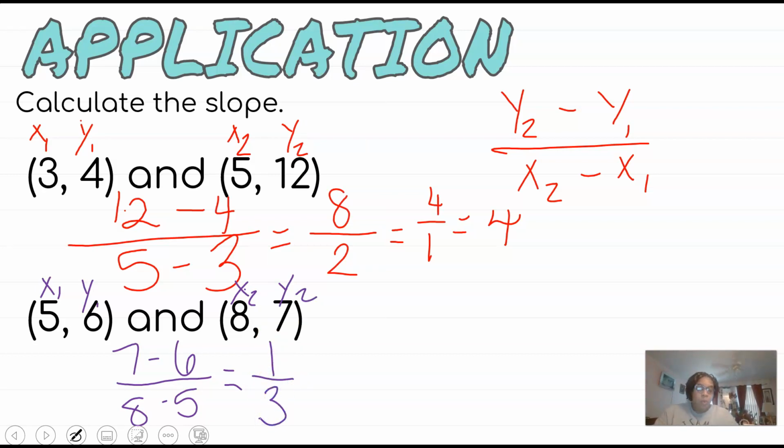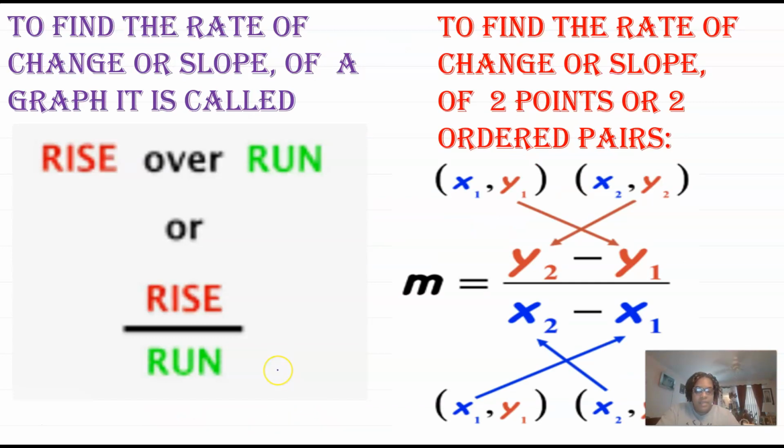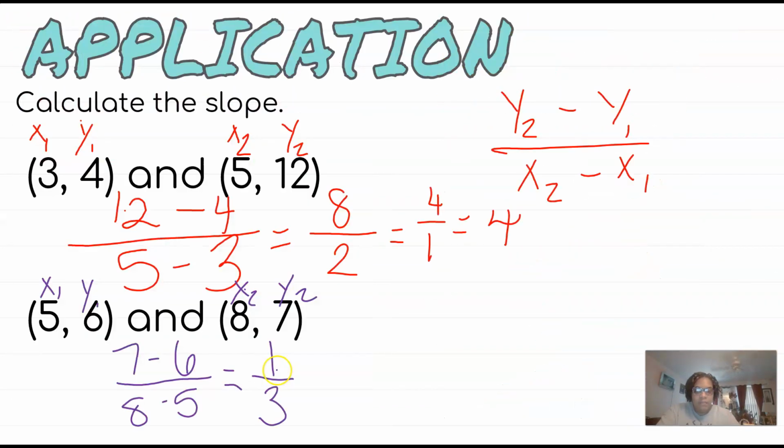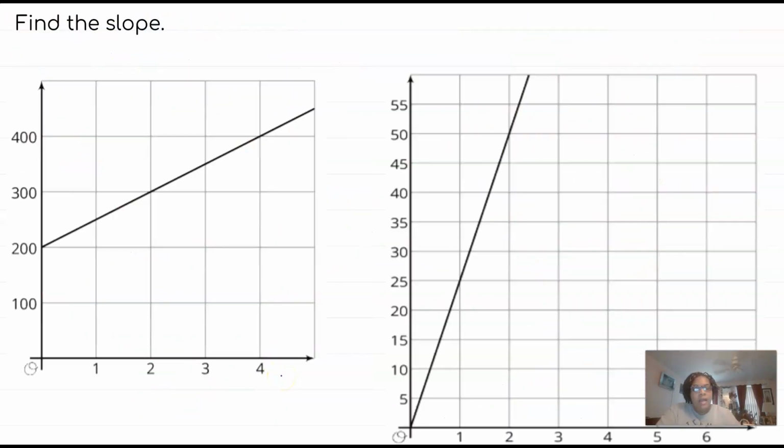So your slope is 1/3. So just don't forget to plug in your numbers into the formula. Label. Don't be too lazy to label because it makes it a little easier.